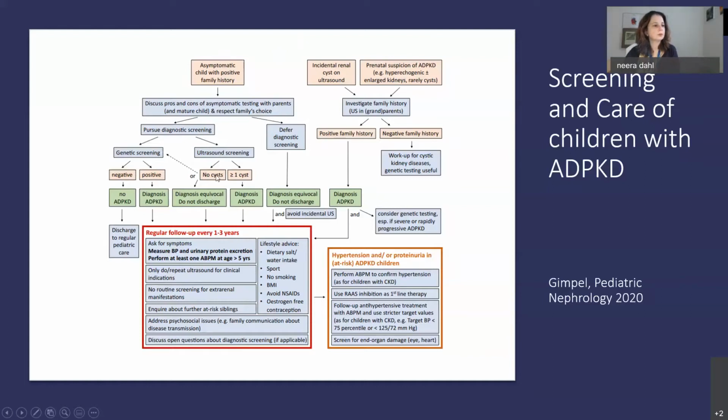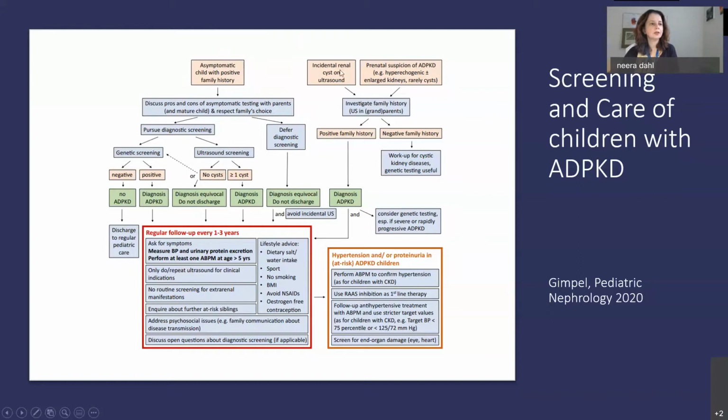What is important, though, is the regular follow-up. So checking for symptoms, particularly measuring blood pressure, giving some dietary and lifestyle advice for patients that may have ADPKD. And then to consider how this may impact other psychosocial issues or impact other siblings.